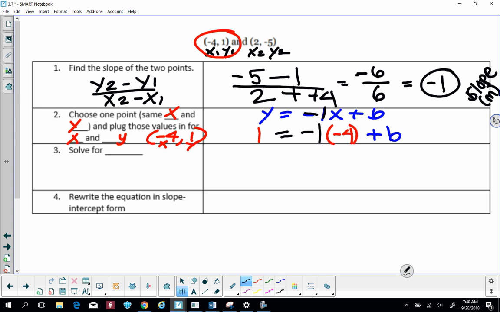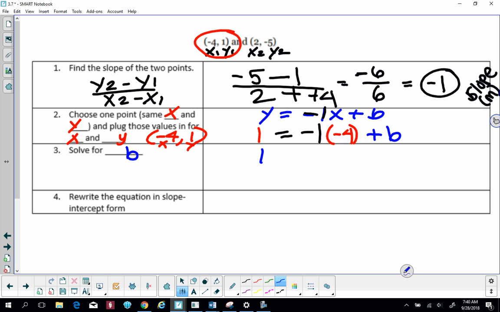So I plugged in my slope. So now I'm doing the exact same thing as I did in the previous problem. The only additional thing is finding the slope of the 2 points.